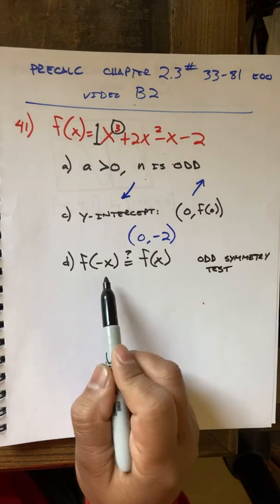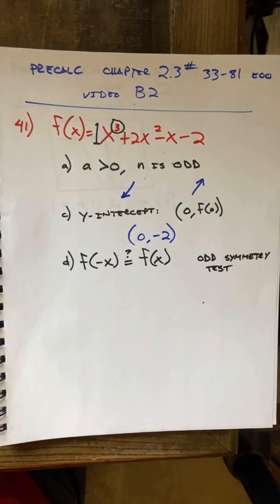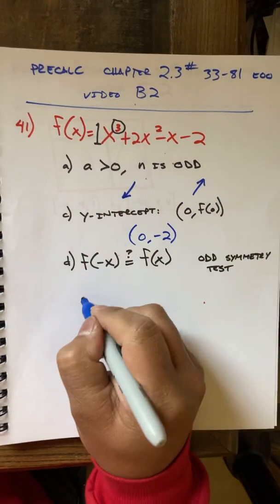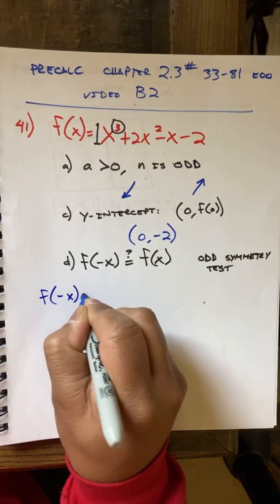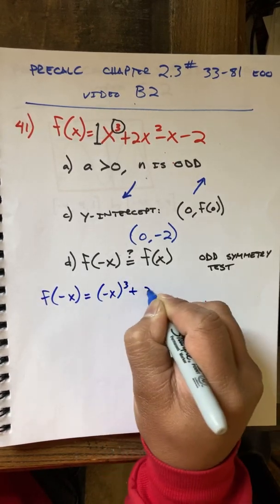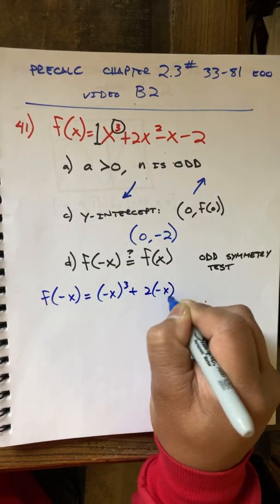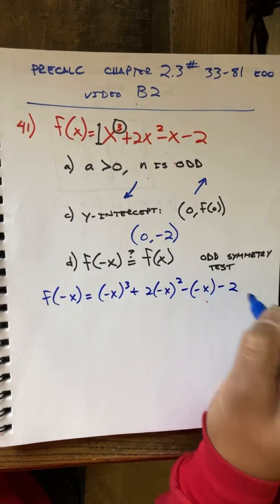To do that, I'm going to plug in -x everywhere I have x and see if it comes out the same. f of x is already written down, so I'm not going to bother with it. So f of -x is (-x) cubed plus 2(-x) squared minus (-x) minus 2.